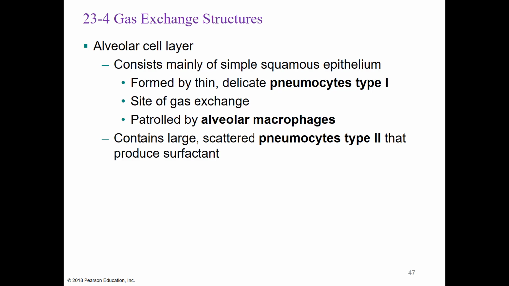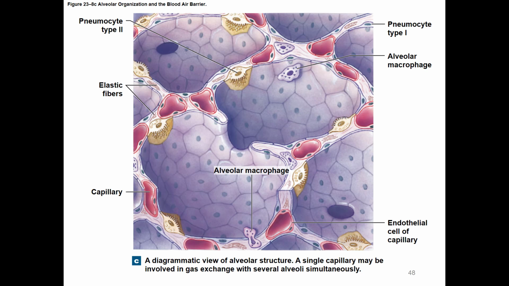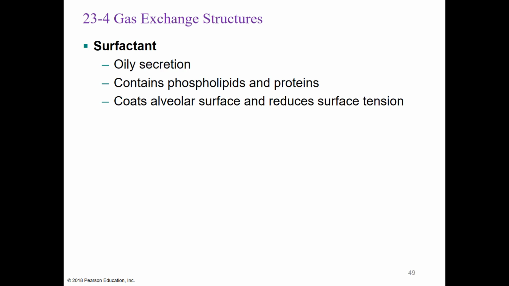It also contains large scattered pneumocytes type 2, also known as septal cells. They produce surfactant. Surfactant is an oily secretion that has phospholipids and proteins in it. It will coat the alveolar surface and help to reduce surface tension so that the alveoli do not collapse.